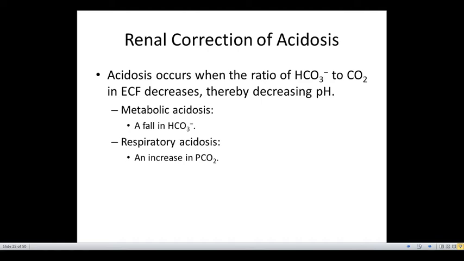If this ratio decreases because of a fall in bicarbonate ions, the acidosis is referred to as metabolic acidosis. And if the pH falls because of an increase in partial pressure of carbon dioxide, the acidosis is referred to as respiratory acidosis.